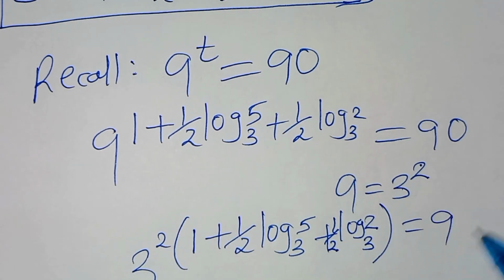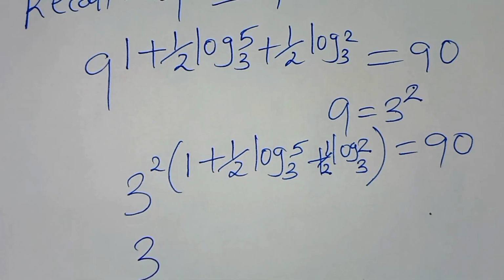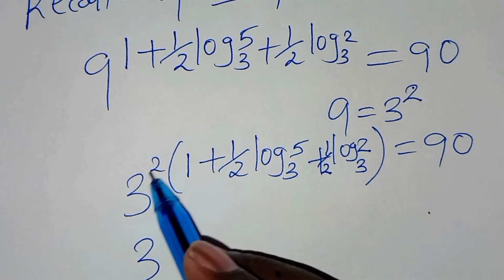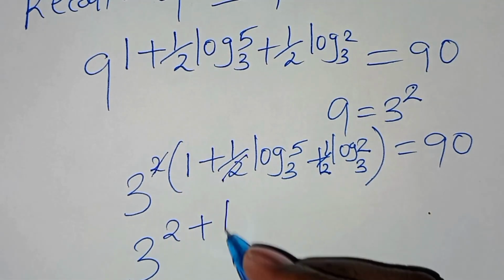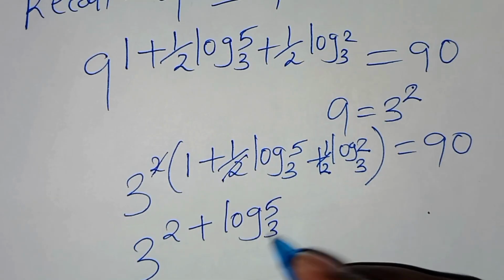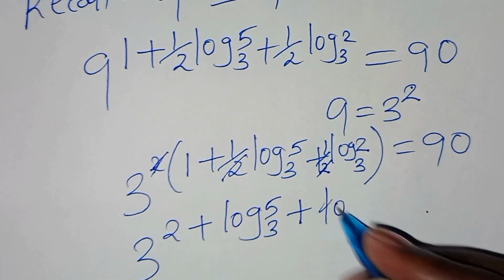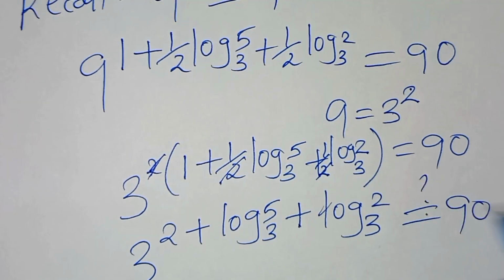This should give us a value of 90. Now the next step here, let's open the bracket. So 3 to power 2 times 1 is 2, plus 2 and 2 simplify, so plus log 5 to base 3, plus, now we have 2 and 2 simplifies, so plus log 2 to base 3. This should give us a value of 90.